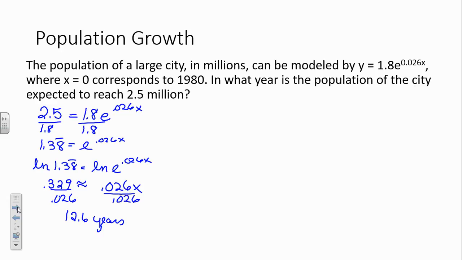So what is 13 years after 1980? 1993. We don't really ever say 1992 and a half or something like that, but since it was more than a half a year, we round up. Questions on this slide? Feeling okay with this one?